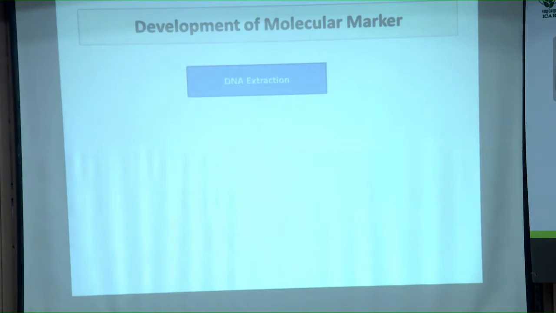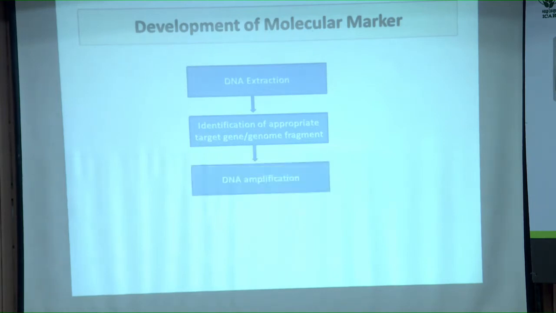Then further, the most crucial and important step for the development of a marker is the identification of the appropriate target gene or genome fragment. How you identify your target gene is the basis on which you will get specificity and sensitivity, and you can validate further. So, this is the most important step for the development of a marker.